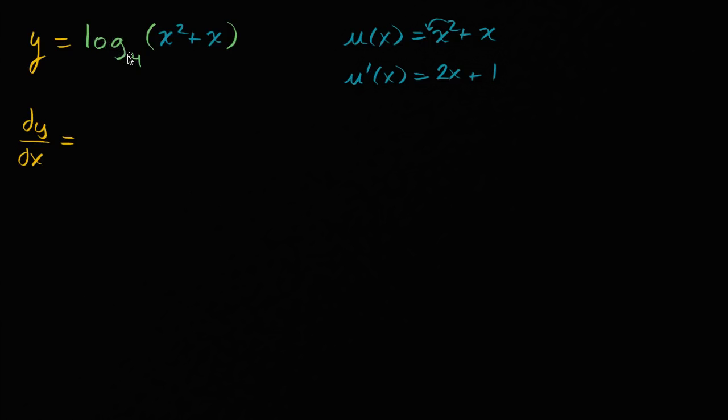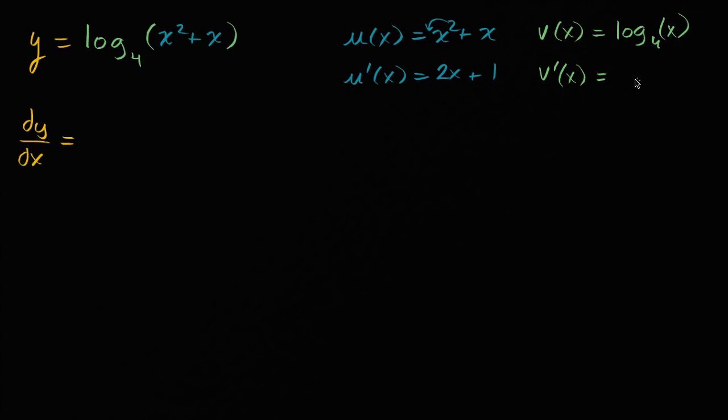And we could say the log base 4 of this stuff, well, we could call that a function v. If we said v of x, this would be log base 4 of x. And then we've shown in other videos that v prime of x is going to be very similar to if this was log base e or natural log, except we're going to scale it.